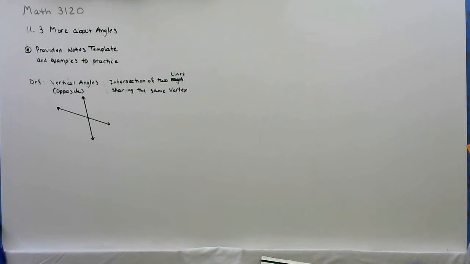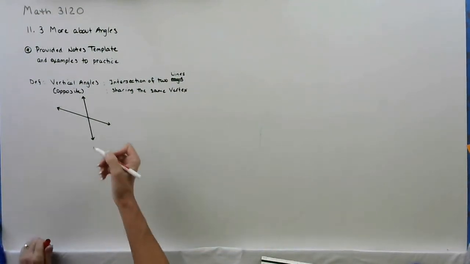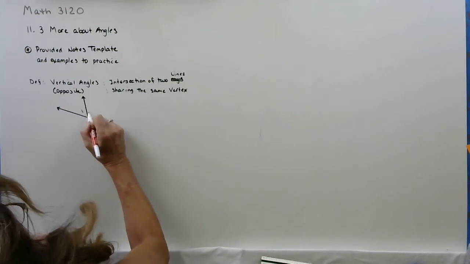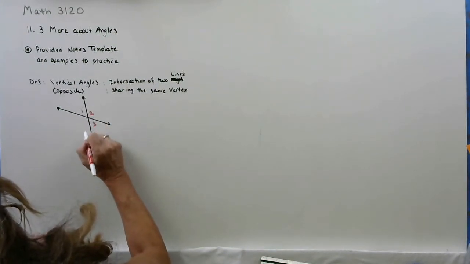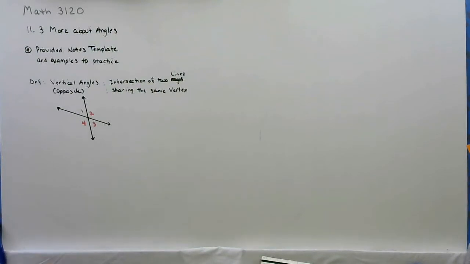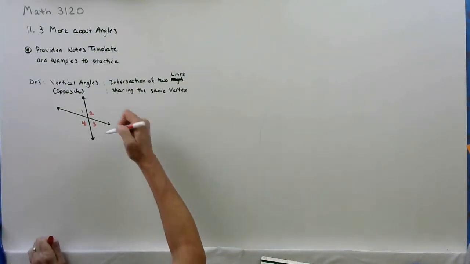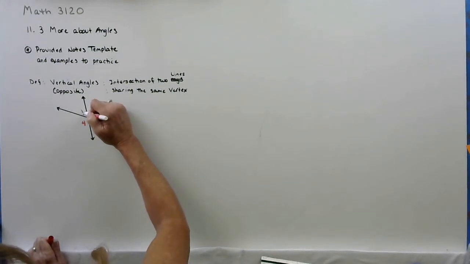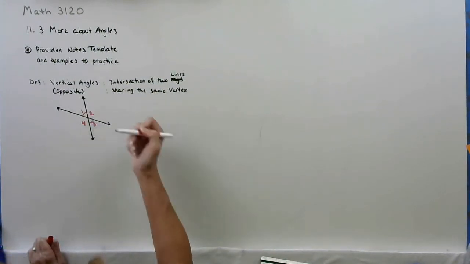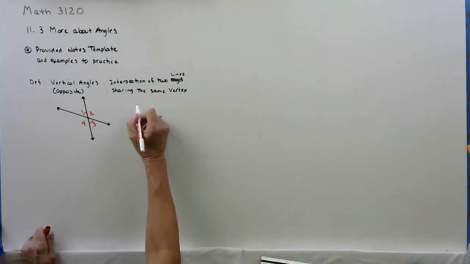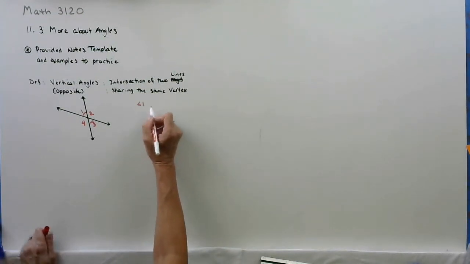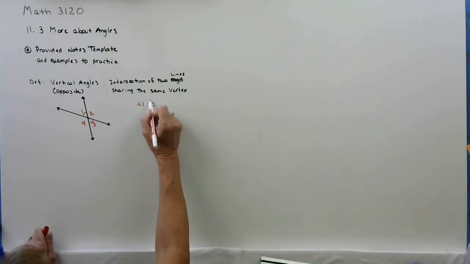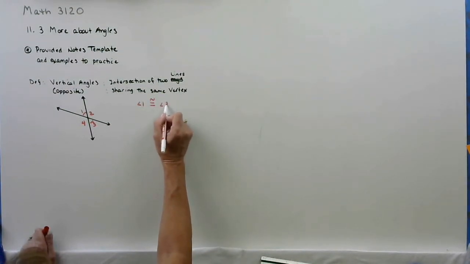Now, vertical angles are angles which are opposite of each other. So if I give you, for example, I call this angle 1, angle 2, angle 3, and angle 4, just going in a clockwise manner. Opposite angles, or vertical angles, share the same vertex and are across from each other. So I would say that angle number 1 is vertical and therefore congruent to angle number 3.